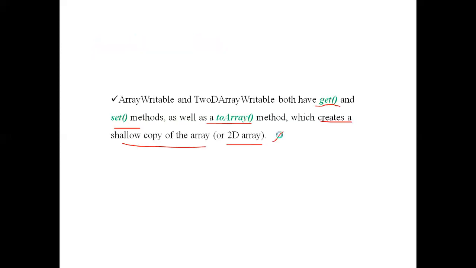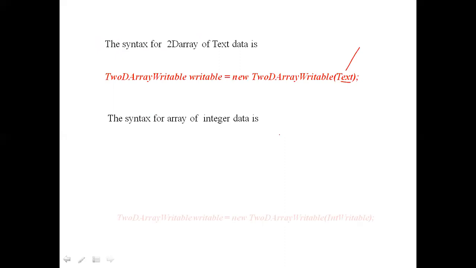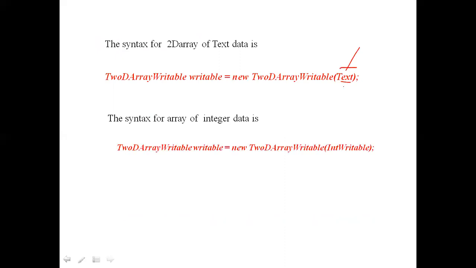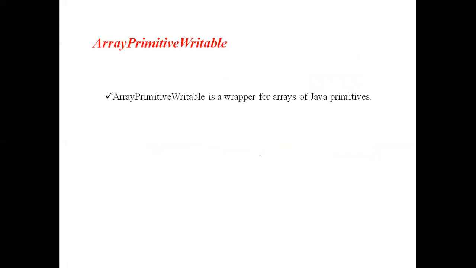In the previous example, we specified which values we are going to store: Text indicates we are going to store string values in this array, IntWritable indicates we are going to store integer values. But with ArrayPrimitiveWritable, no need to specify the data type class. Why? Because whenever a Java primitive value comes, it will automatically recognize its data type. Clear.